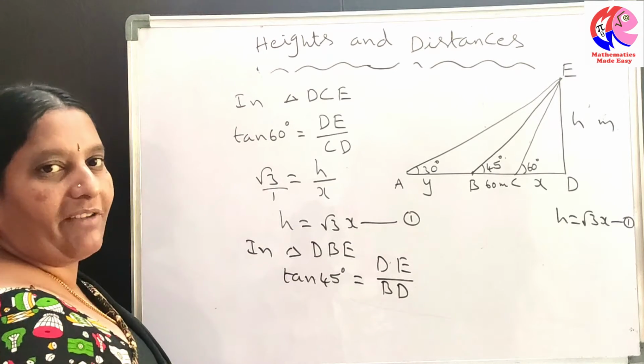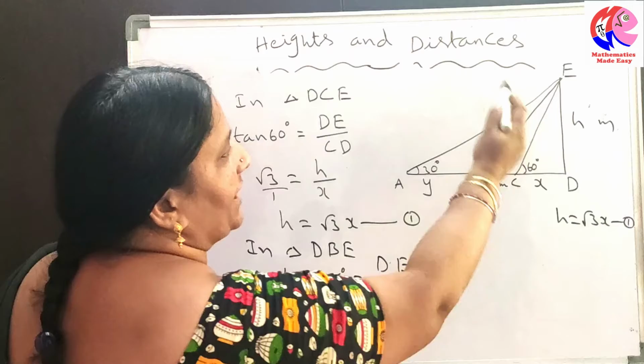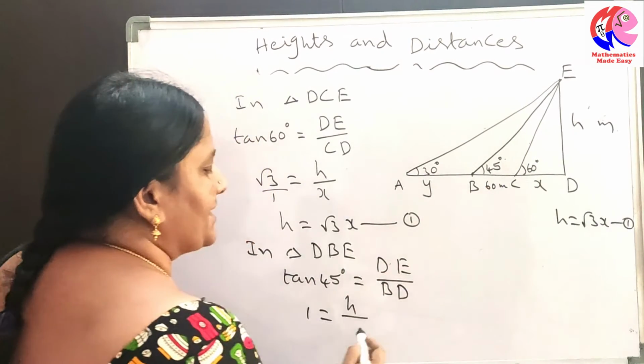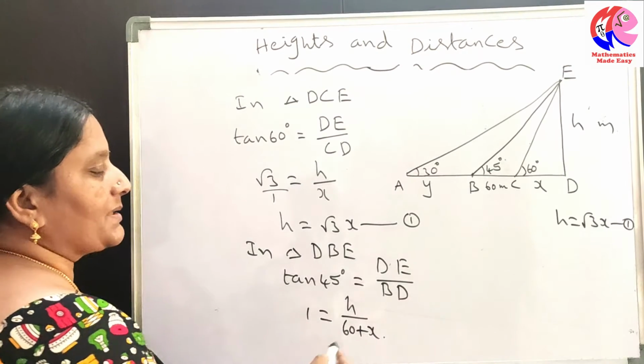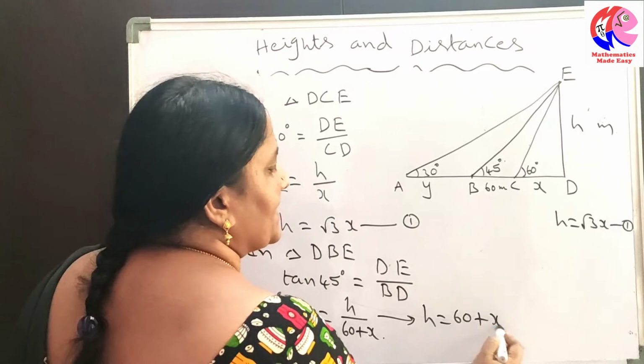We know that tan 45 value is 1. So 1 is equal to DE measure H by BD. BD measure is 60 plus X. Then after cross multiplication, it becomes H is equal to 60 plus X.